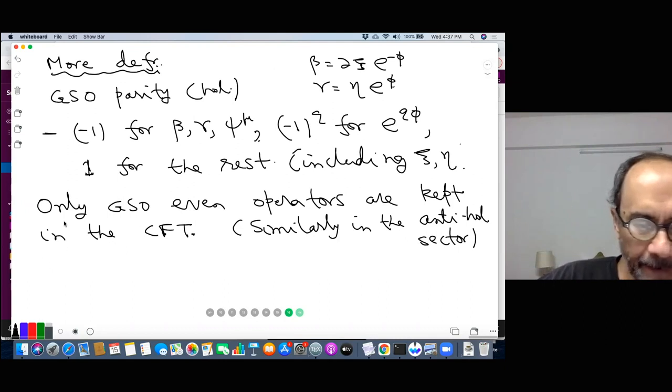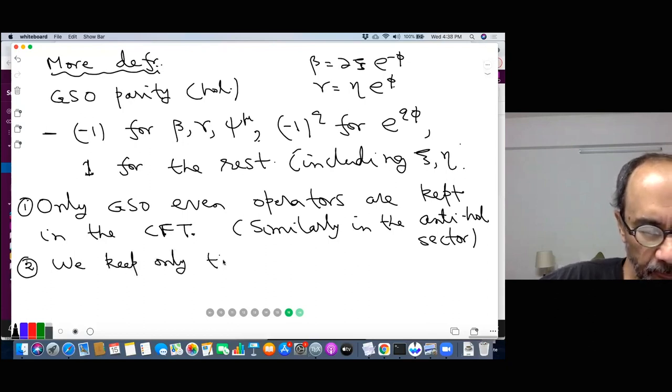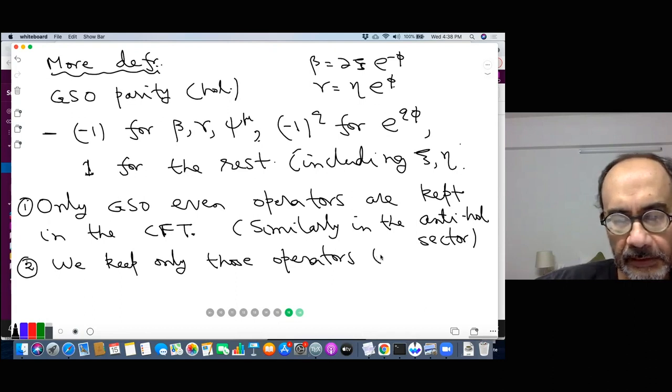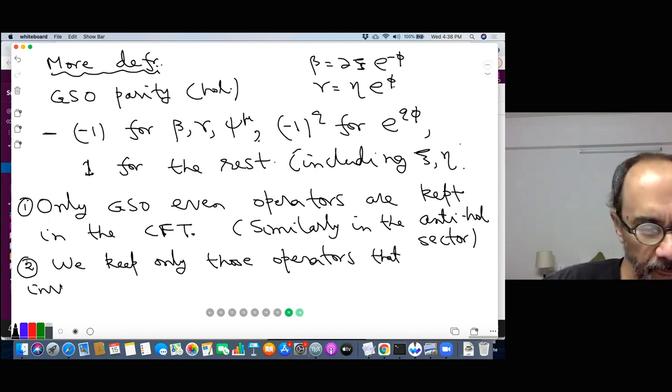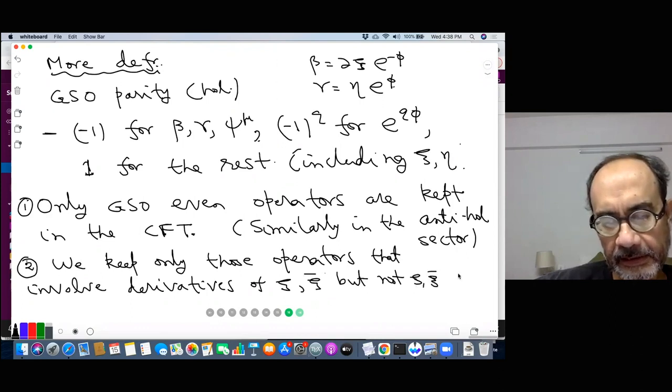Another important constraint, let's call this one, is that we keep only those operators that involve derivatives of xi and psi bar, but not xi bar themselves.